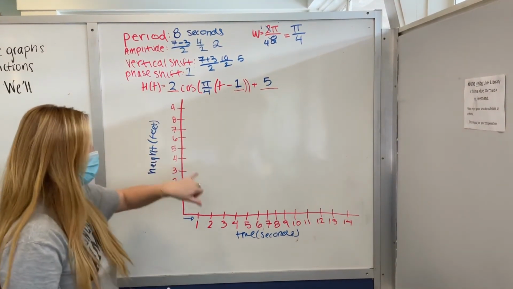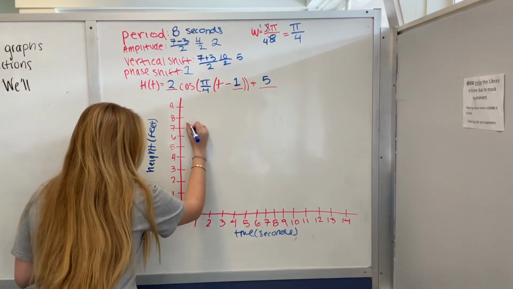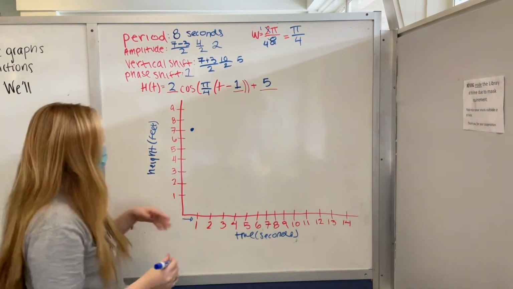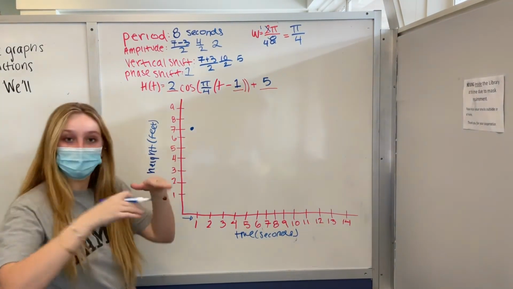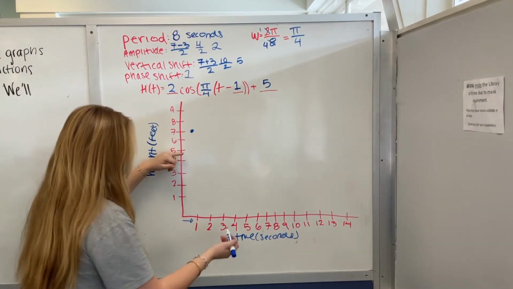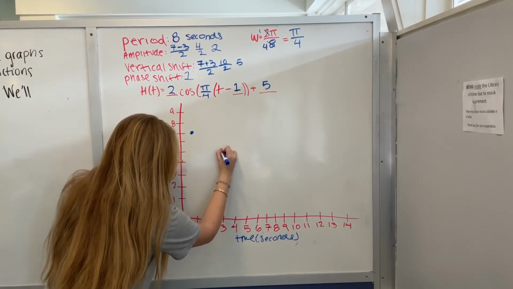And we're going to start at our maximum because it's a cosine graph. And we're going to start plotting our first point right here. Because the amplitude is 2, we know that our middle, if you want to say, midline, is going to be at 5. So then we're going to plot right here.